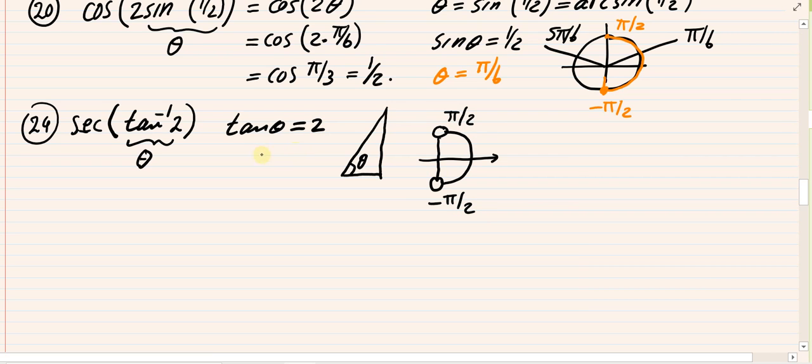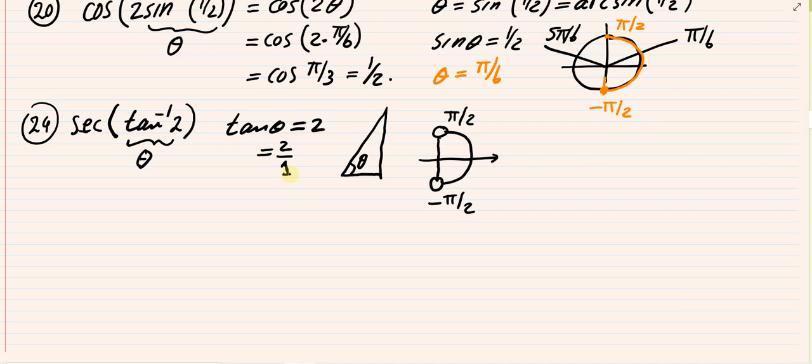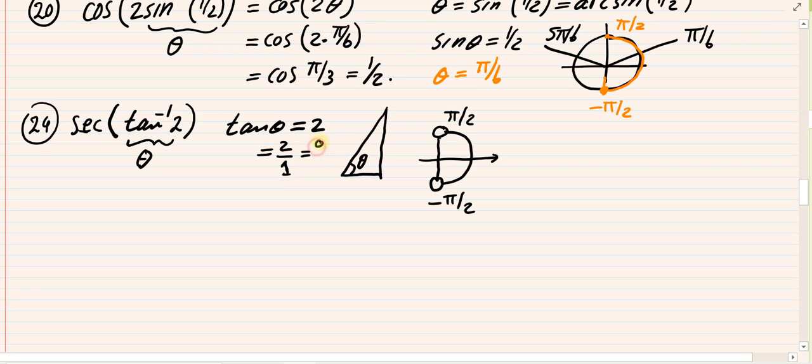Now I'm going to write this 2 as 2 over 1. Any number, you can write it as itself over 1 without changing the number. Now, 2 over 1, if you go back to the triangle definition, tangent is the ratio of opposite to adjacent, right?